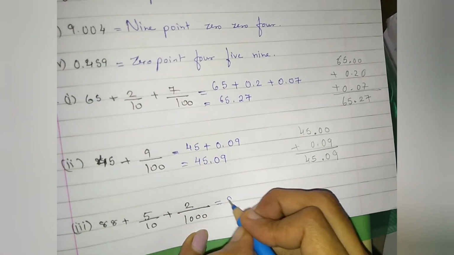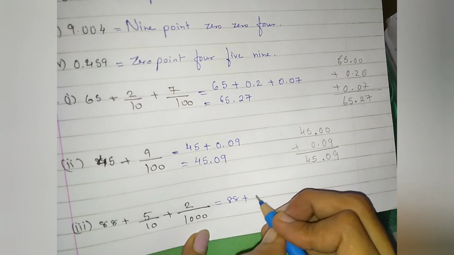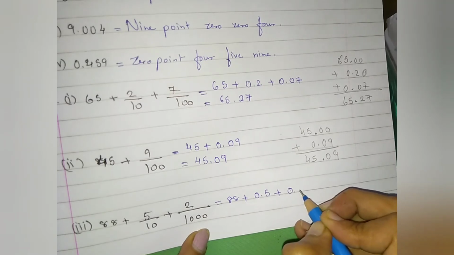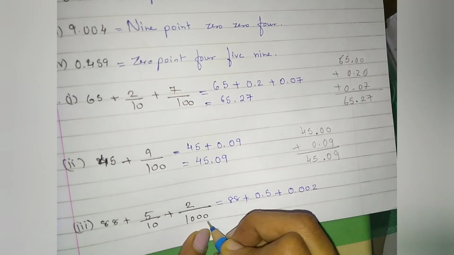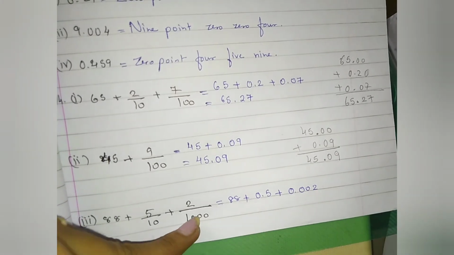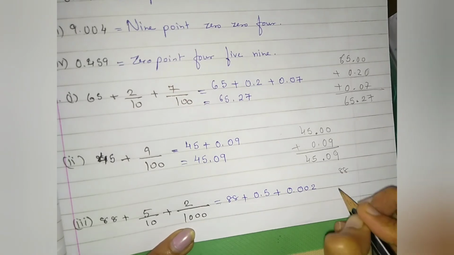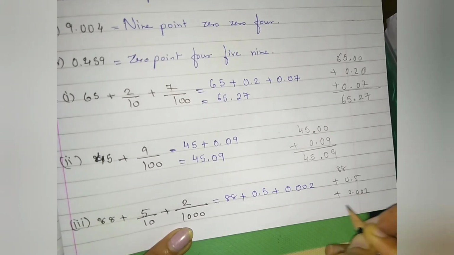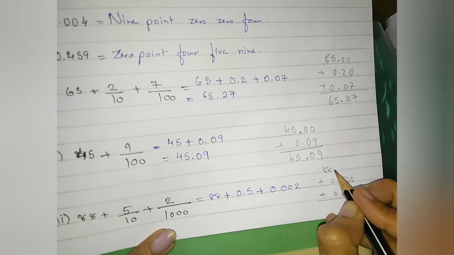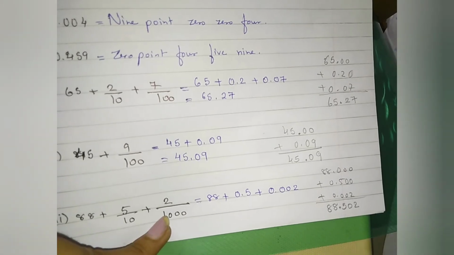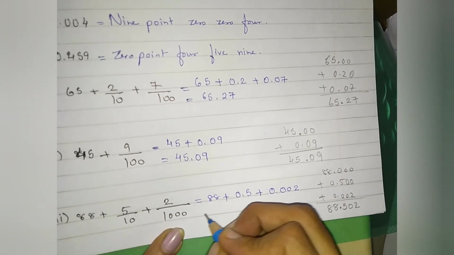Here 88 plus 5 upon 10, so 0.5, plus 2 upon 1000, so 0.002. Here there are 2 zeros after the point, so 002. Now we add 88 plus 0.5 plus 0.002, where nothing means 0, 0.000. So 88.505.